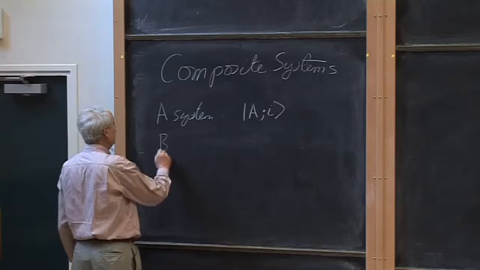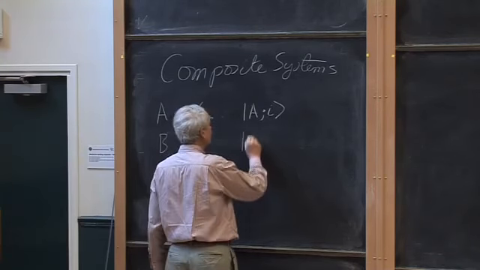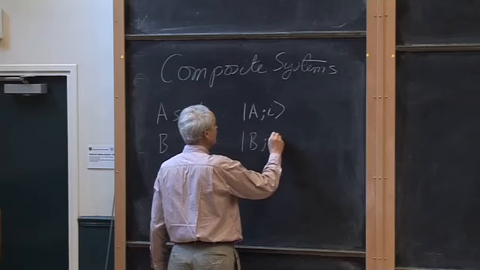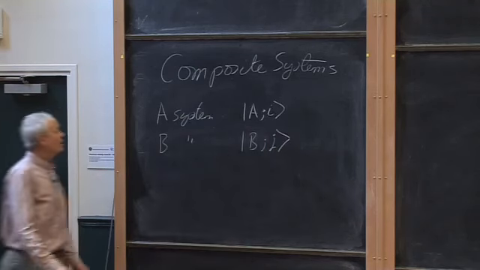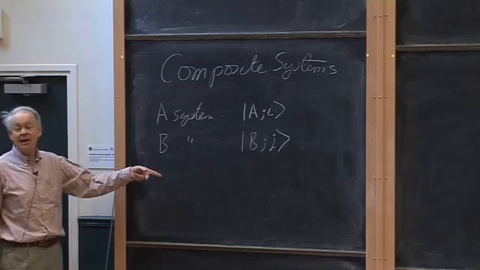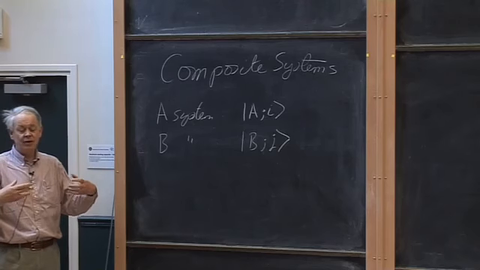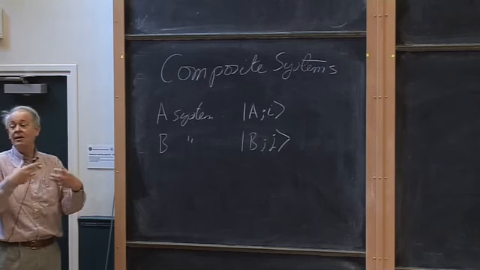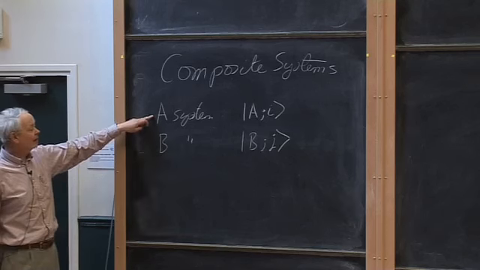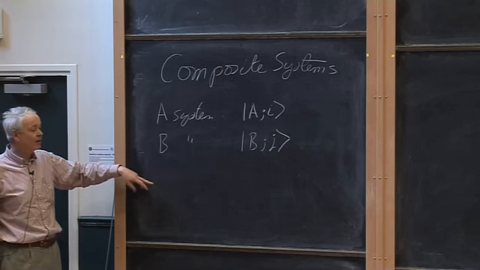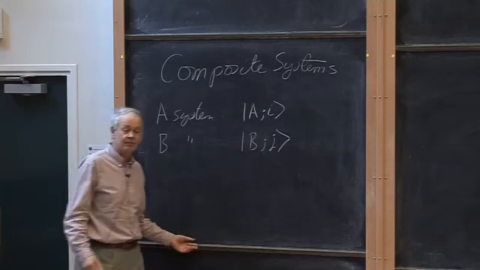And we have a system B, and it will have states B; j, something like this. And what we want to know is, how are we supposed to write the states of the compound system, the system that you get by considering A and B together? So this might be the electron, this might be the proton. What's the state of the compound system, which we call a hydrogen atom, for example?